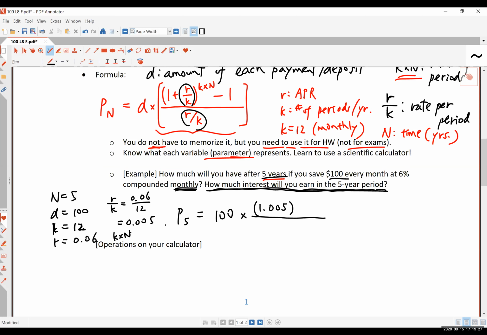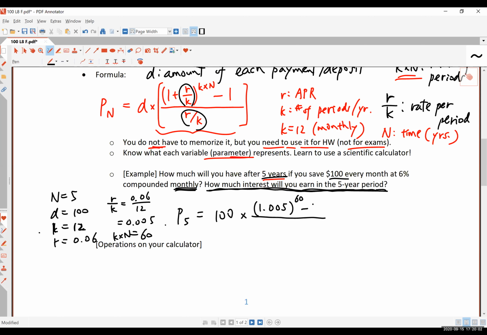K times N. That's basically 5 years, 12 times a year. That's 60. 60 what? It's 60 months in the 5-year period, right? And that's why I refer to that number as the total number of compounding periods, okay? You are actually getting not exactly 6% every year, but you're getting 0.5% every month for 60 months. That's why you have a 0.005 here and 60 here.